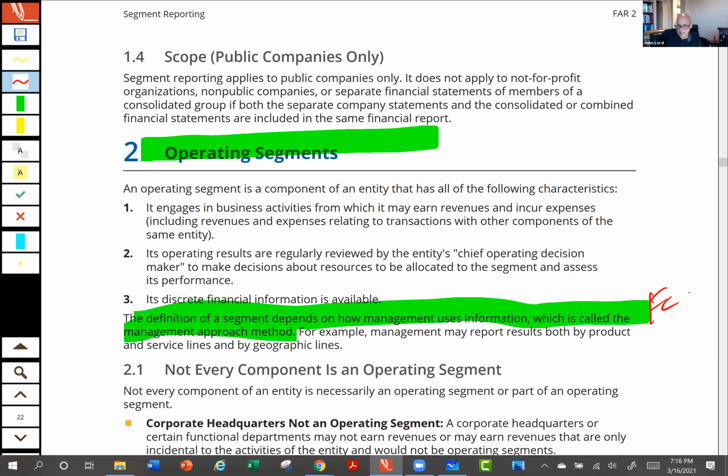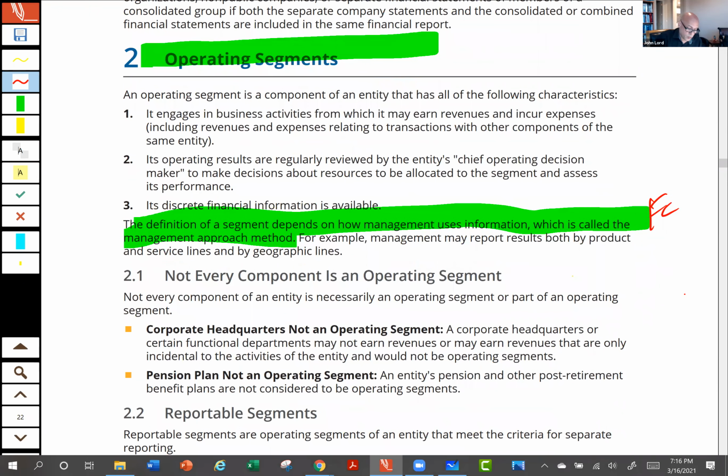It's stuff you've got. The question is, what is going to be big enough to be reported? Okay, now I said there's no qualitative test as to what is a segment, because it's a purely numerical size test that we're going to go through, but there are sort of qualitative considerations of what is not a segment.